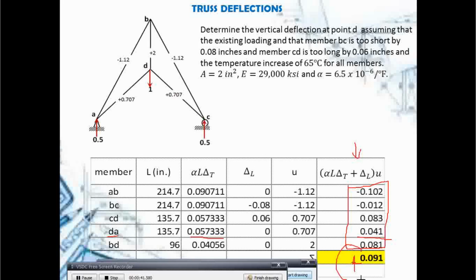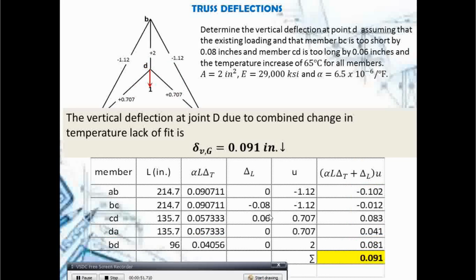Ang ibig sabihin nito ngayon, tama yung naging assumption ko na yung deflection ni point D ay downwards. The vertical deflection at joint D due to combined change in temperature and lack of fit is equal to 0.091 inch and the direction is downwards.